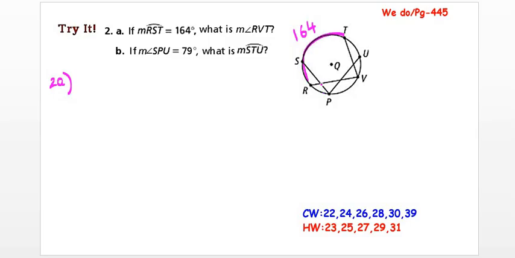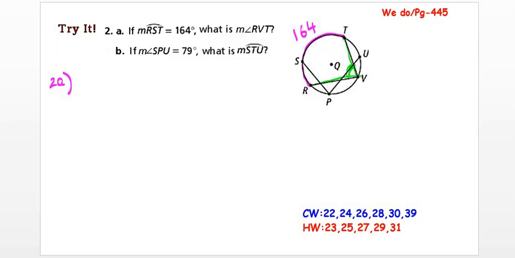Okay, now what is the angle that is standing on this arc, or you can say the angle that is inscribed by this arc? So it's this angle, RVT. Now what is the measure of this angle? As we discussed in the theorem, this inscribed angle will always be half of the intercepted arc, right?